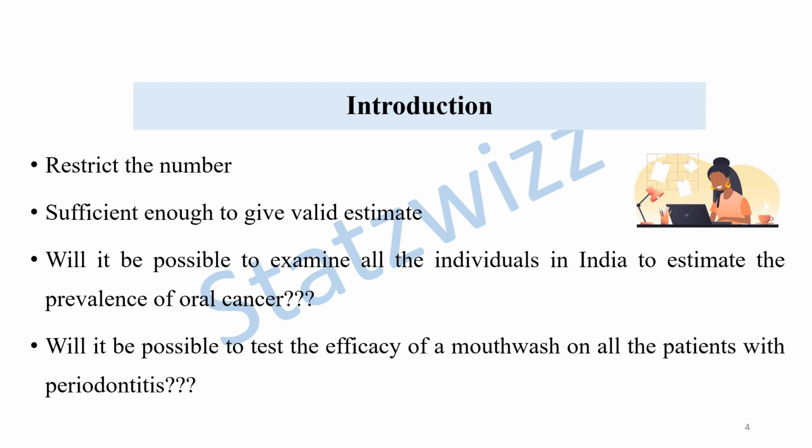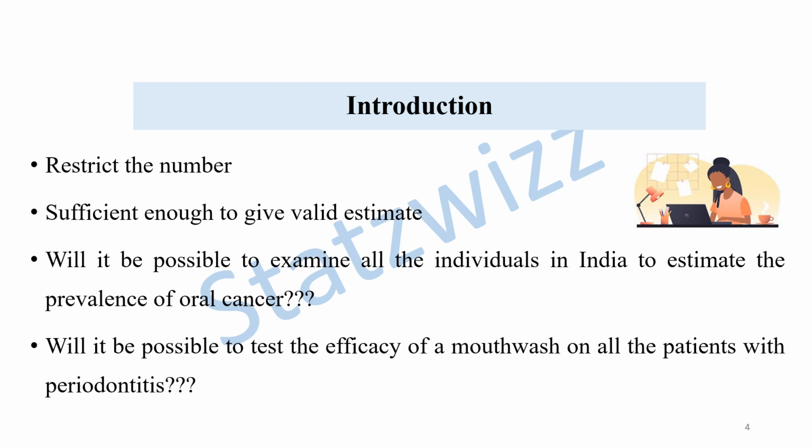And there are a few questions which might help you to think about the importance of sampling. The first thing is, will it be possible for me to go door to door to each and every person in India and estimate the prevalence of oral cancer? No, it's absolutely not possible, because India has a very large population, and for me to go and knock on each person's house is not literally possible.